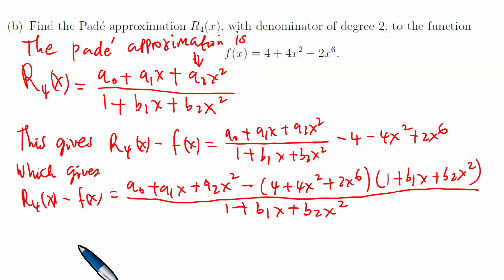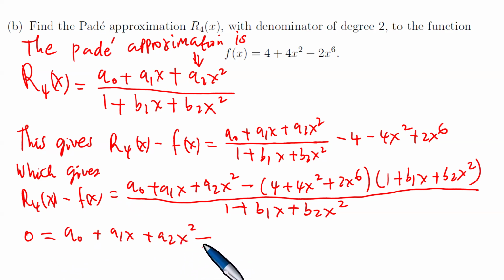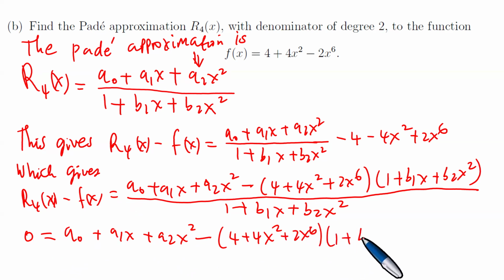It therefore means we can be allowed to then say this therefore becomes 0, which equals A0 plus A1x plus A2x squared minus (4 plus 4x squared minus 2x to the 6th power) times (1 plus b1x plus b2x squared).